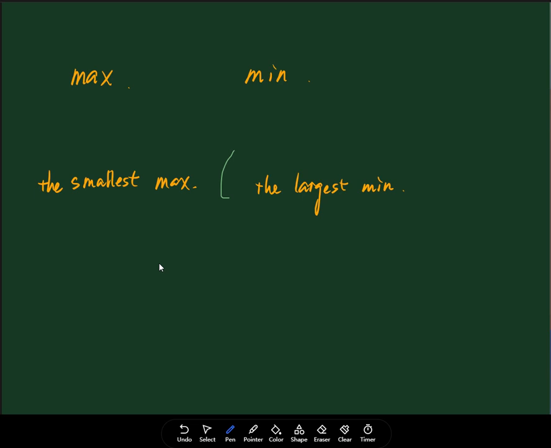Okay, so let's take a look at, for example, if we got 21 apples and there are 4 groups that you need to divide it into, then the smallest maximum would be 21 divided by 4. We get 5 remainder 1, right?